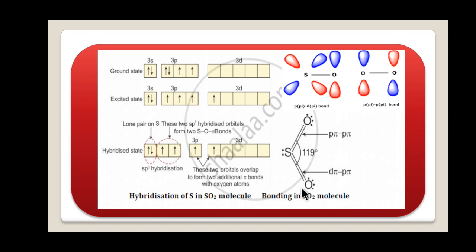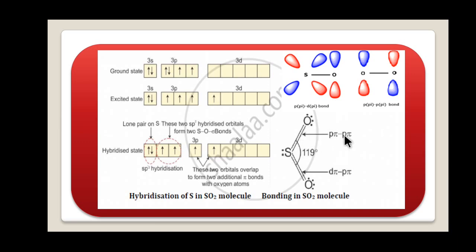And the bonding in the SO2 molecule, it is a molecular Lewis dot structure. Sulfur has 6 electrons, oxygen has 6, and the other oxygen has 6. The bond angle between oxygen and oxygen is 119 degrees.